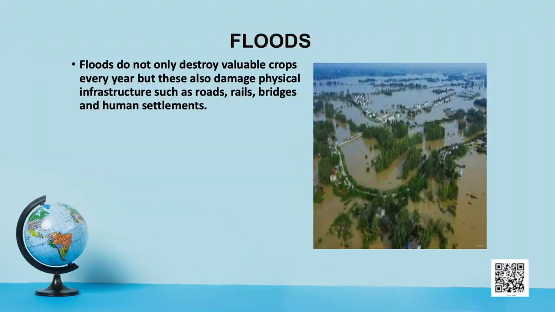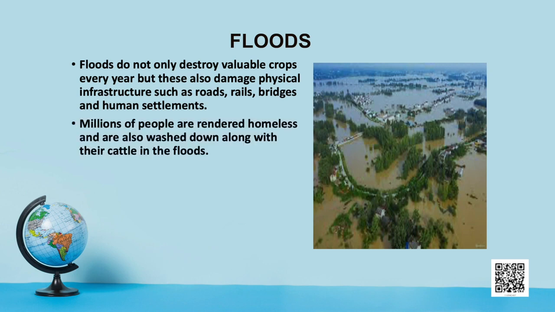Certain times, Tamil Nadu also experiences flooding during November to January due to the retreating monsoon season, because it becomes a rain shadow area during the onset of monsoons. Now, floods do not only destroy valuable crops every year, but also damage physical infrastructure such as roads, railway lines, bridges, human settlements.